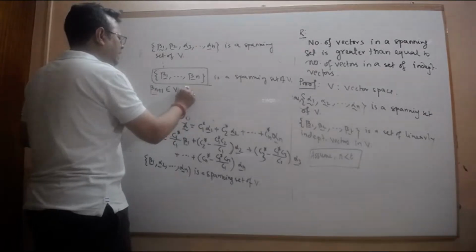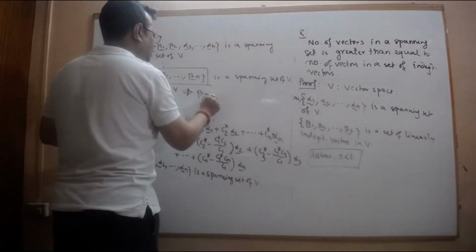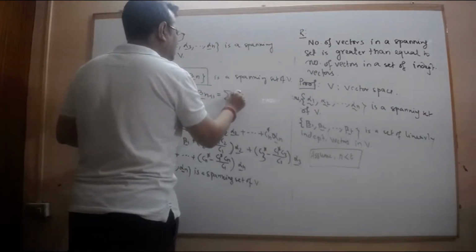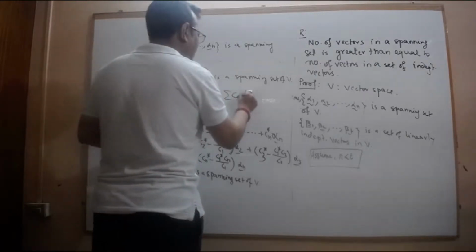So we can write beta n plus 1 curl as a linear combination of these vectors.